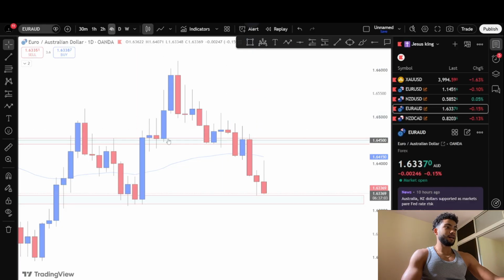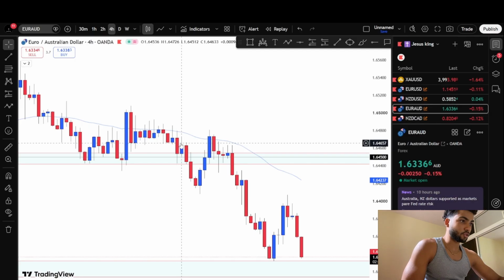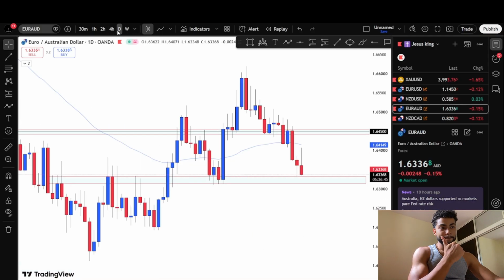The 4 hour at that time was bearish. This was the lower low. I wouldn't really count it as the lower high because there is no real structure point. Here the same, and here is actually the lower high. So I have the weekly bullish, the daily bearish, and the 4 hour bearish.